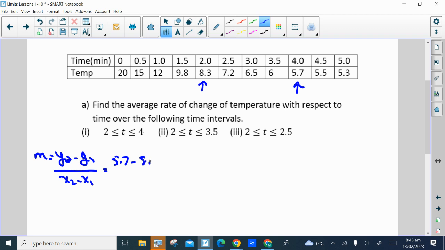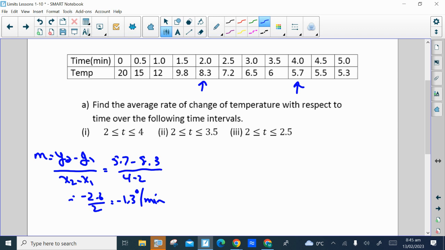And at 2 minutes, the temperature was 8.3 degrees, over x2 minus x1, the difference in the two times, 4 minus 2. So 5.7 take away 8.3 is negative 2.6 over 2, which is negative 1.3 degrees per minute. So that's the average rate of change between 2 and 4 minutes.